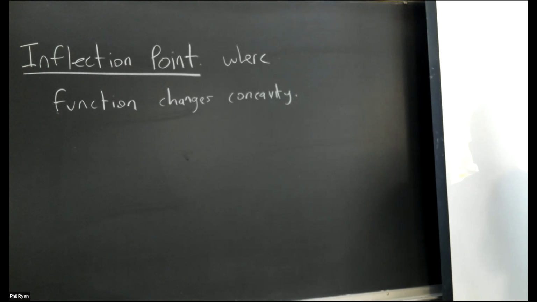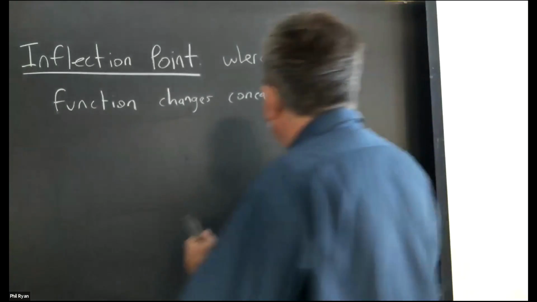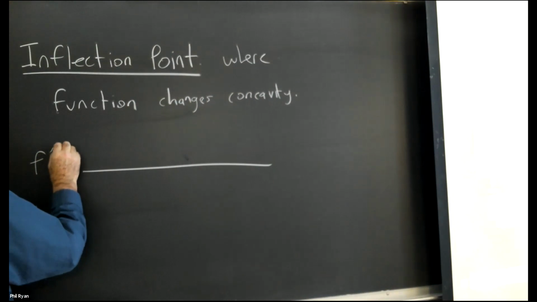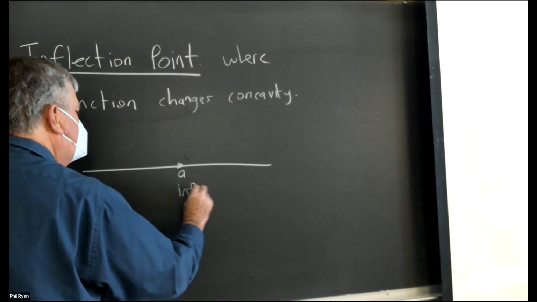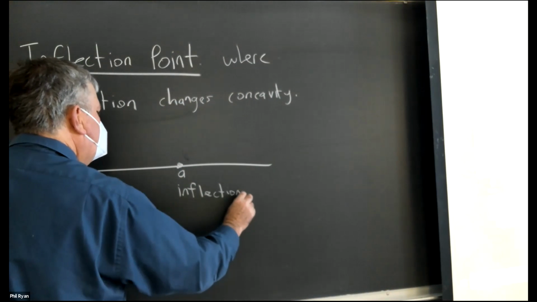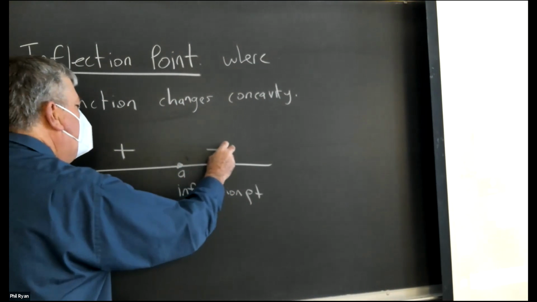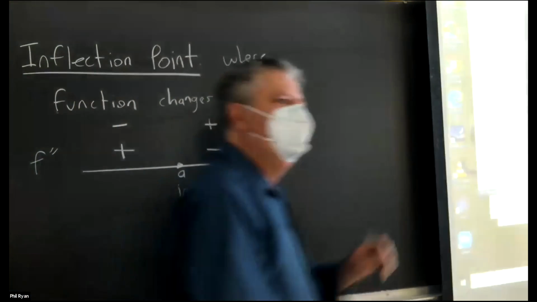For the second derivative, we're only interested in where the concavity actually changes. So the way to do that is if we look at the second derivative, and we have a point a here, this is our inflection point. It's either plus before and minus after, or minus before and plus after.